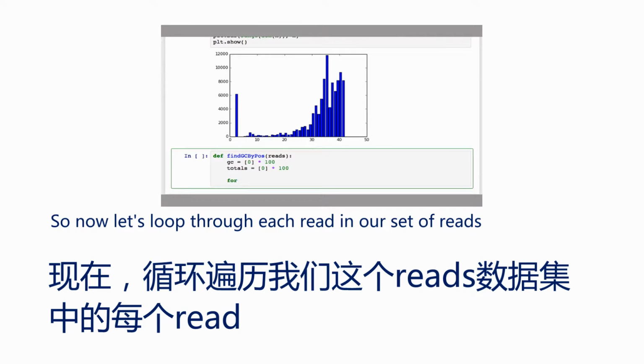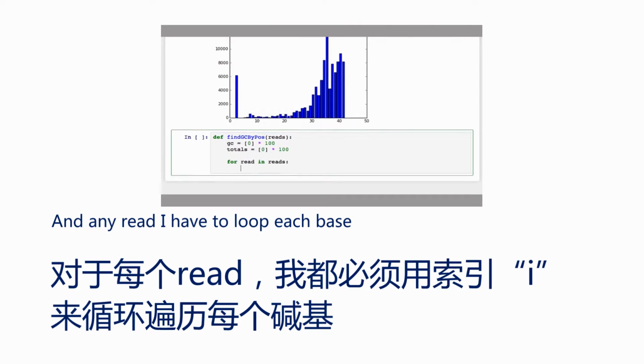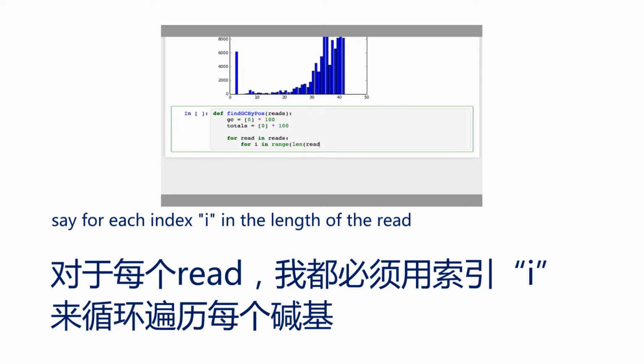So now let's loop through each read in our set of reads. And in each read, I have to loop through each base. I'm going to say for each index i in the length of the read.